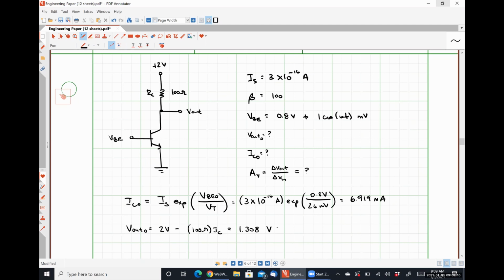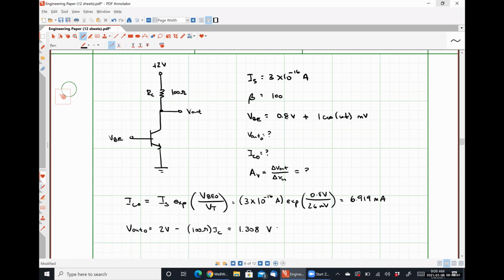This is the exact same problem we worked at the very beginning of this class with just slightly different numbers. So I'm not spending a whole lot of time going over how we get from here to there. But VBE is constant, which means if we're looking only at the DC portion, if VBE is constant, IC is constant, which lets us calculate the DC operating point of the system pretty easily.